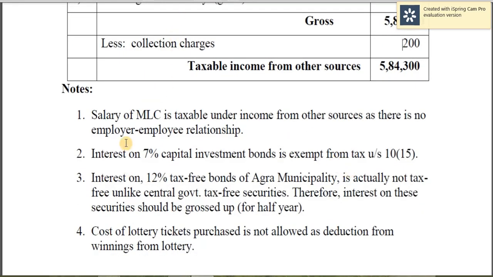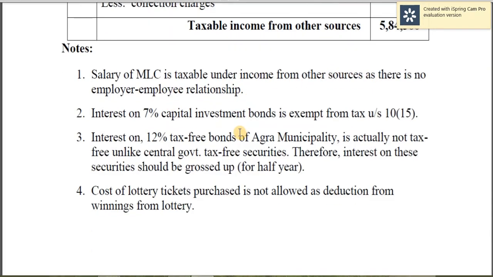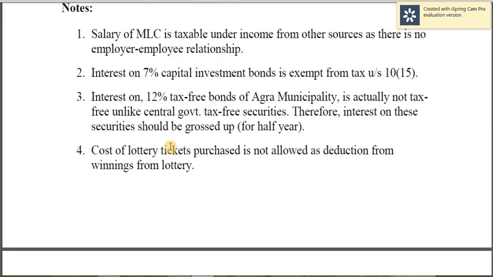So some notes are given here. Salary of MLC is taxable under income from other sources, as there is no employer-employee relationship. Interest on 7% capital investment bonds is exempt under section 10 subsection 15. Interest on 12% tax-free bonds of Agra municipality is actually not tax-free, unlike central government tax-free securities.